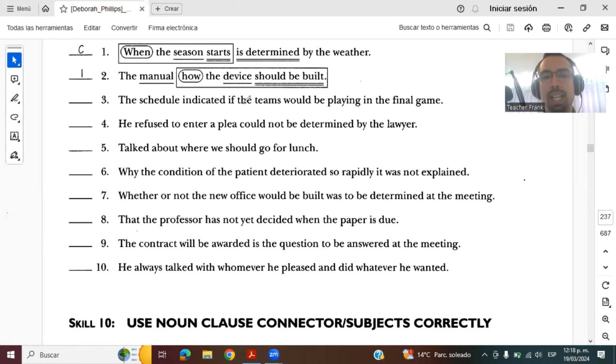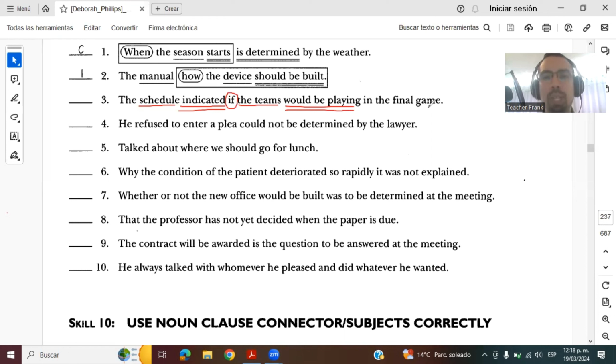The schedule indicated if the teams would be playing in the final game. Okay, so we have our subject, schedule, indicated. We have here our connector, if, and then we have another subject here, the teams, and would be playing is my second verb.